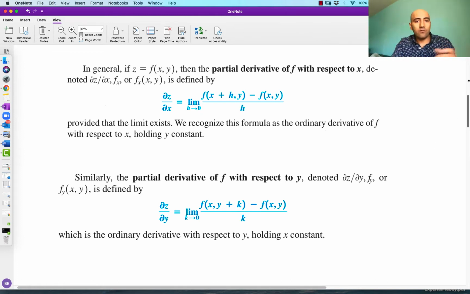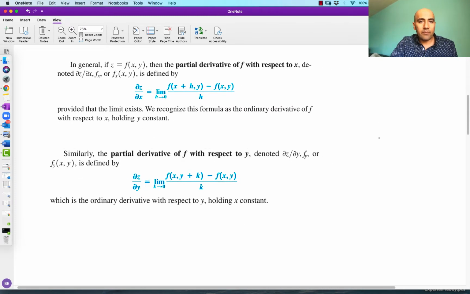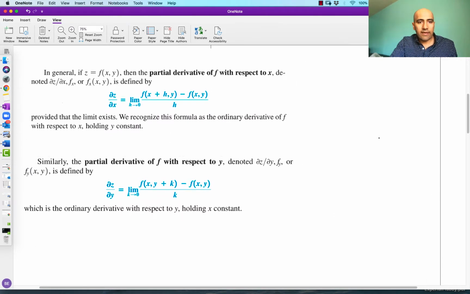So this is in general for any point x comma y, but let's limit it down like we did before with just some a comma b.